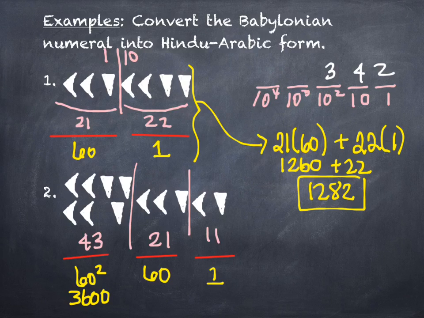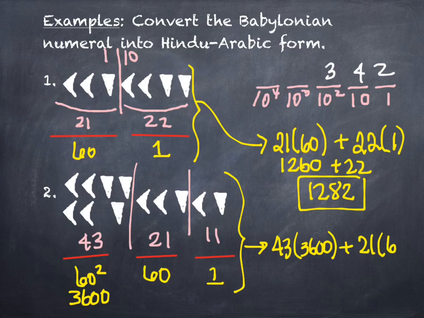So what are we going to do to figure out how much money I have, or what this number is in our system? We're going to multiply. So we're going to multiply 43 times 3,600, which is 60 squared, plus 21 times 60, plus 11 times 1. You're going to multiply things, you're going to add things, and then somebody's going to give me a final answer for what this number is.